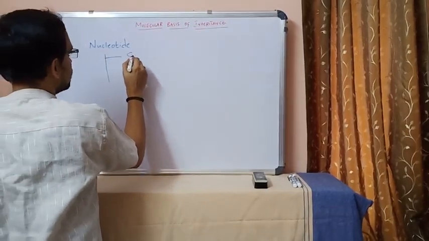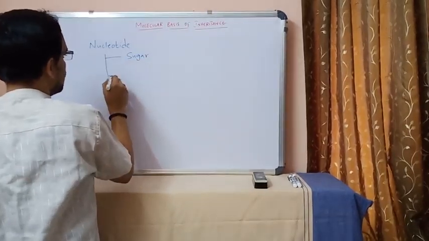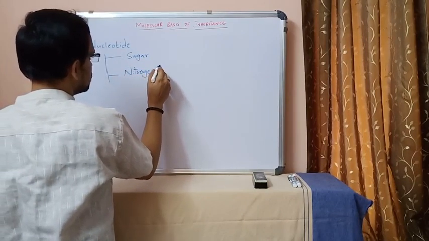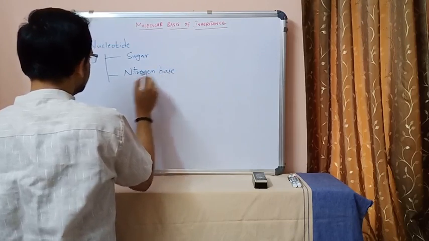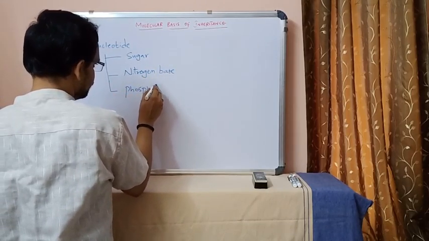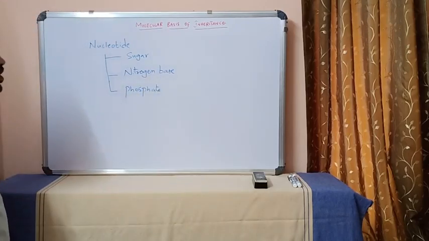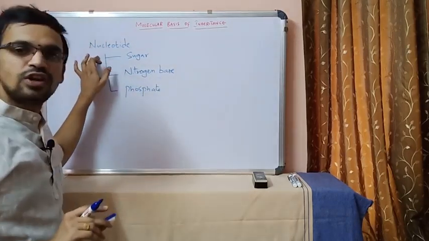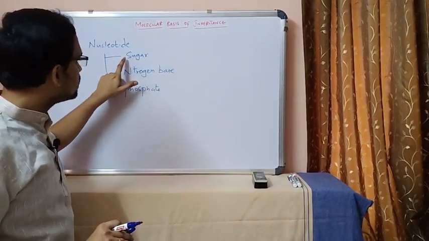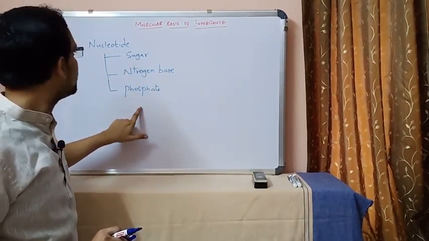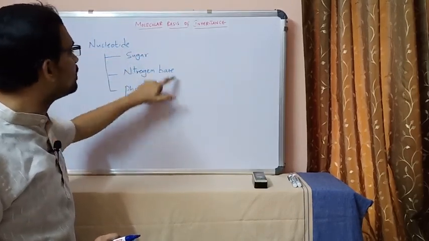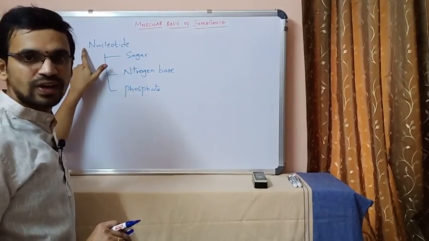Sugar, nitrogen base, and phosphate. So nucleotide is composed of how many components? Three components. They are sugar, nitrogen base, phosphate. All the three can be collectively called nucleotide.